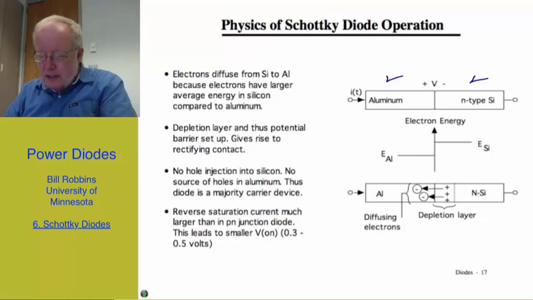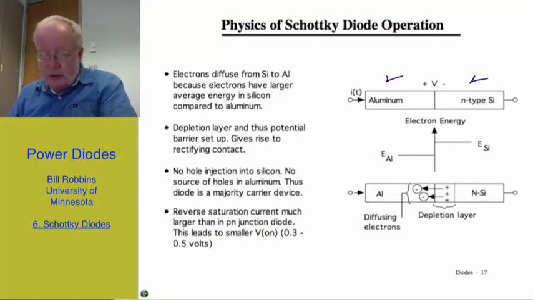Because of that, the electrons being more energetic on the n-type silicon side, those that are in the immediate vicinity of the metallurgical junction are going to move over to the aluminum side.